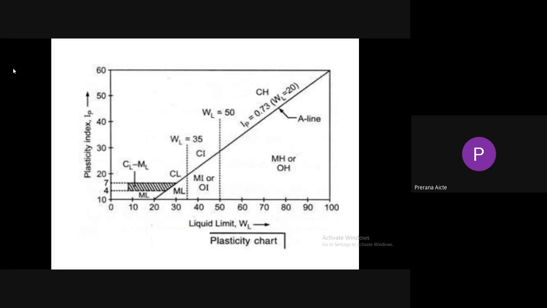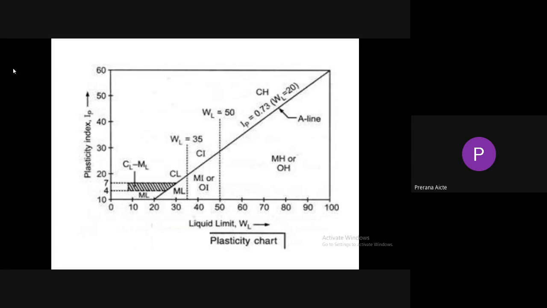If the point lies below the A line, then we have one doubt: how can we differentiate inorganic silt and organic soil? As already told, we need to find the liquid limit before oven drying and after oven drying. Then we observe how much the liquid limit has decreased. If it decreases by more than 25%, then the soil is organic soil. Otherwise, it is inorganic soil.